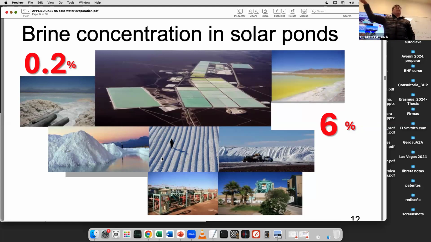And since there was no electricity there when this was developed, all the plants are near the coast. The lithium solution is transported by trucks, 300 kilometers, and processed in order to produce lithium carbonate and lithium hydroxide. Lithium carbonate is the most common.